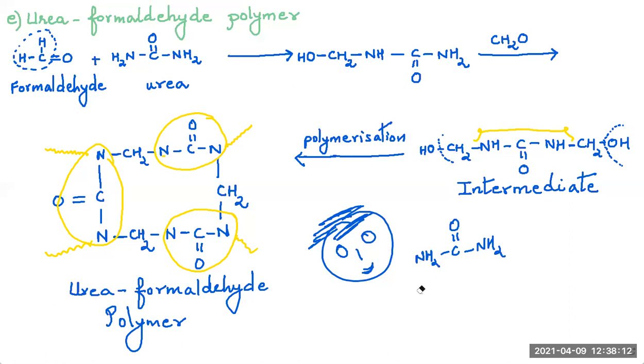Ma'am, N should be joined to C double bond O. Good. Here N should be joined. Very nice. Because amine is dash NH2 and not NH2 dash. So the bond should be with N.